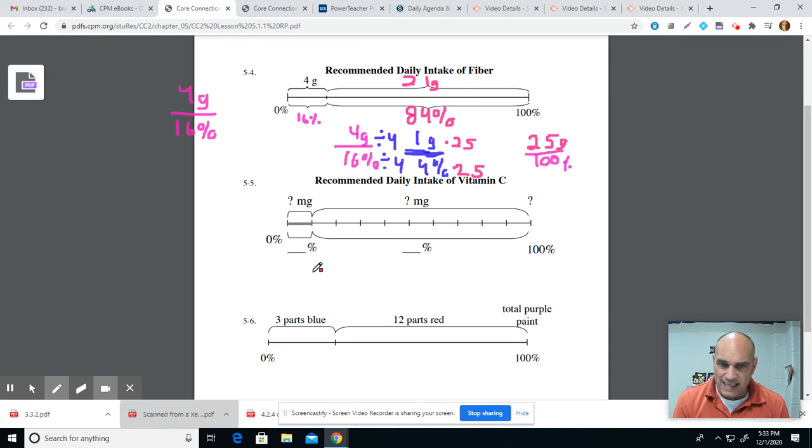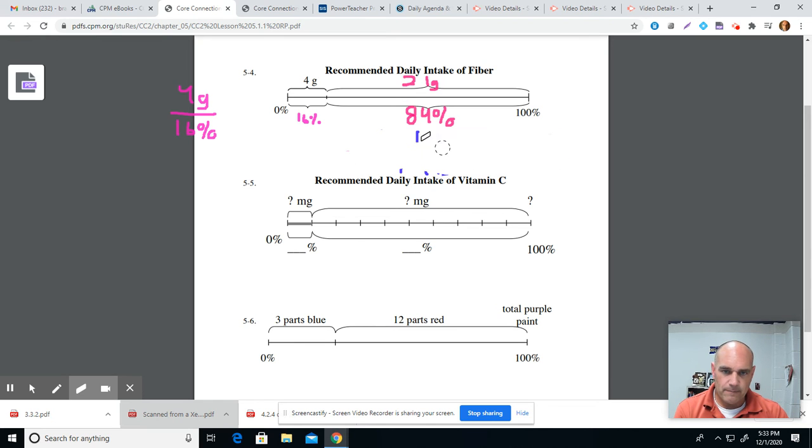So part E now. Chris is eating cookies that contain 12 grams of dietary fiber, which he says is 48% of the recommended daily amount. How can you use ratios in part B to check that 12 grams is equivalent to 48%? All right, so let's see here. Let me clear some things out. Get this out of here so we can do part E. E is a great question.